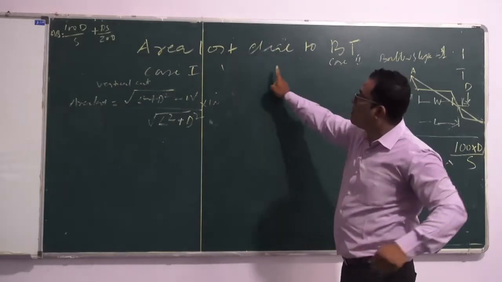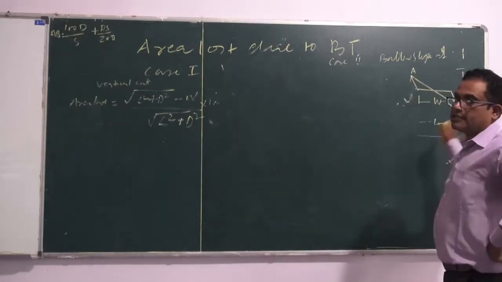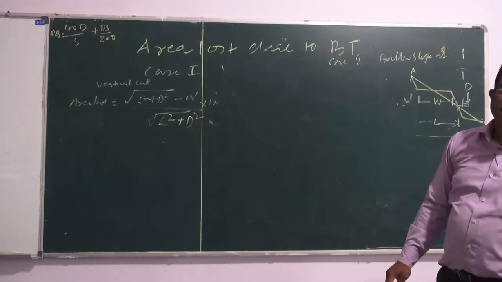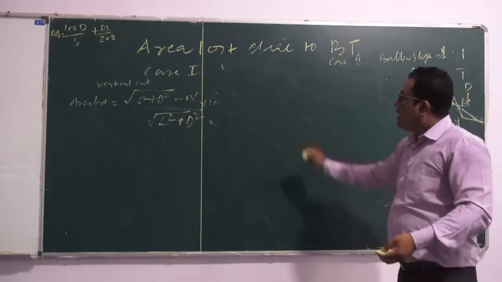Now what we have found out is the AB expressed in terms of length, slope, and depth or vertical spacing between two points.